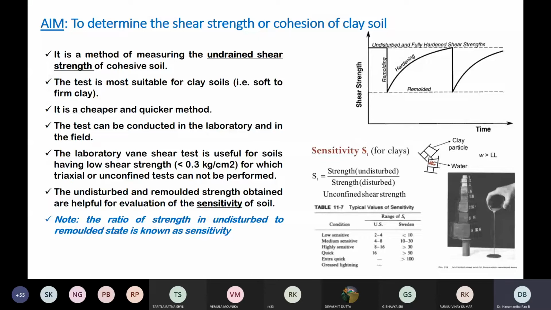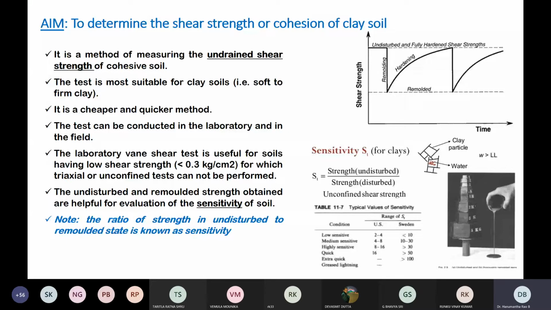But the same clay, when you increase the water, will turn into a slurry. If you measure the strength of this cylindrical sample and this slurry, both will have different shear strength parameters.